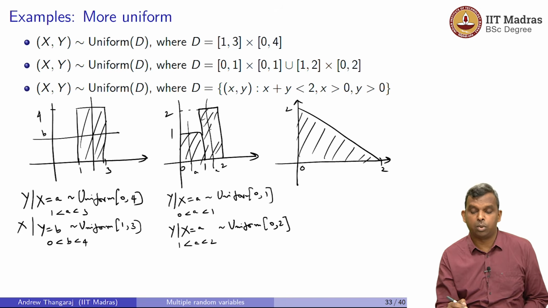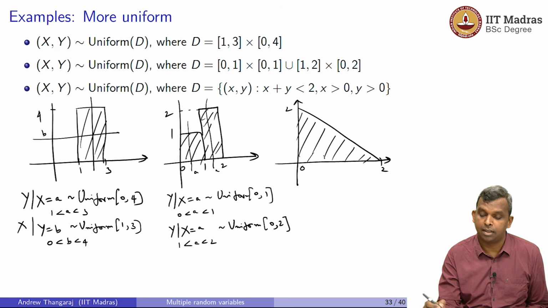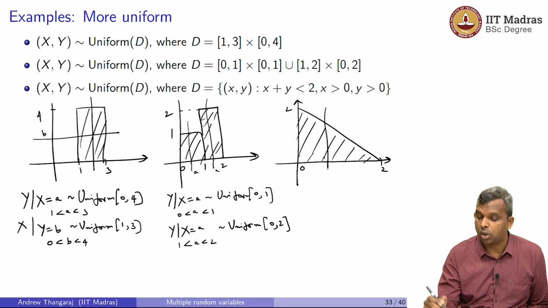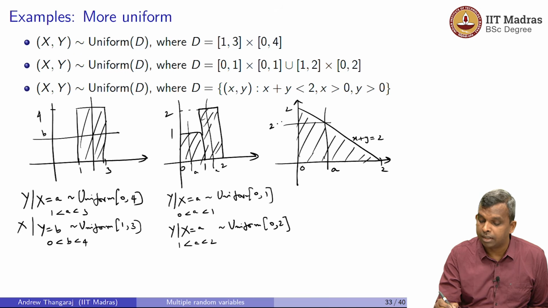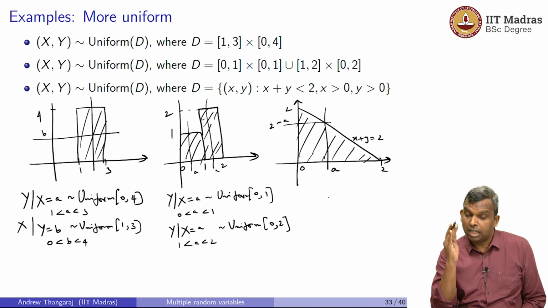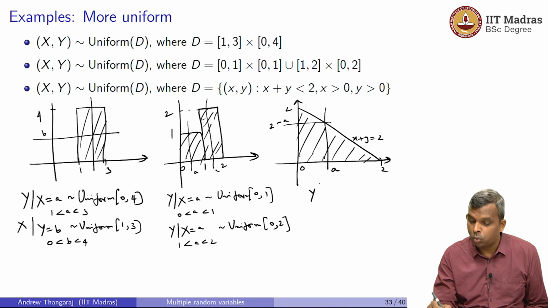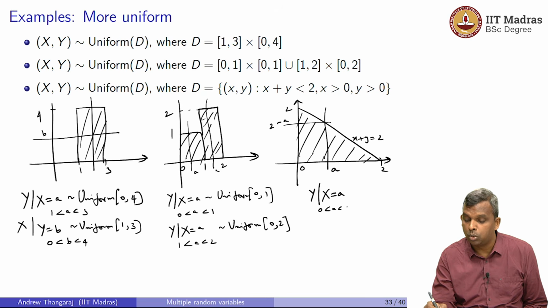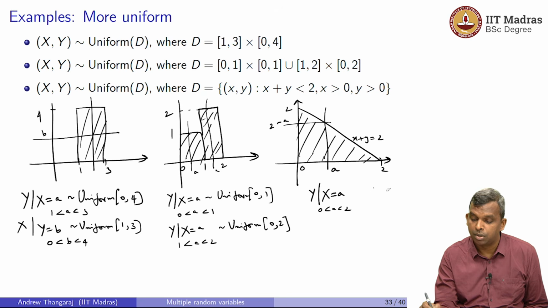So, you can see that is how it is. It is all flat and same. In this case notice what happens if you put a here, this is x plus y equals 2. So, this point is going to be 2 minus a, isn't it. If you look at this slice, when you want to do y given x equals a, a between 0 and 2, this is actually uniform, maybe I should write it down carefully.